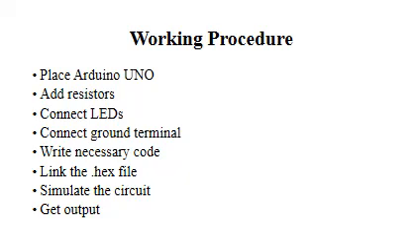Then write code in Arduino software, sketch the code and link the code with the circuit using the hex file. After that, simulate the circuit and the output will then appear.